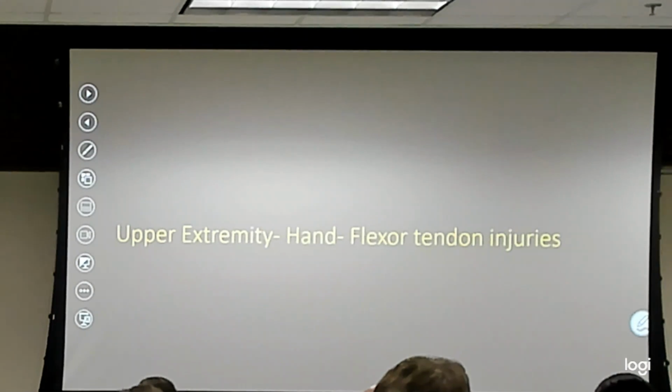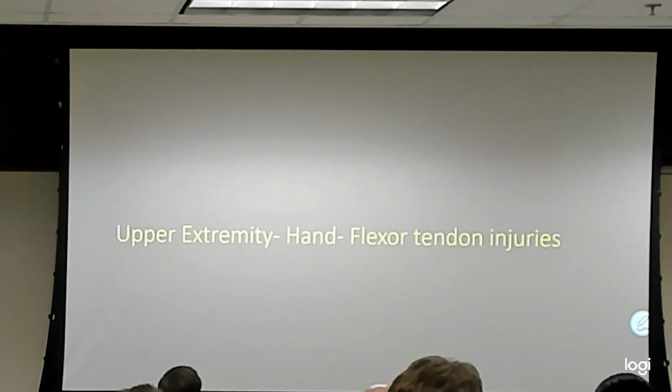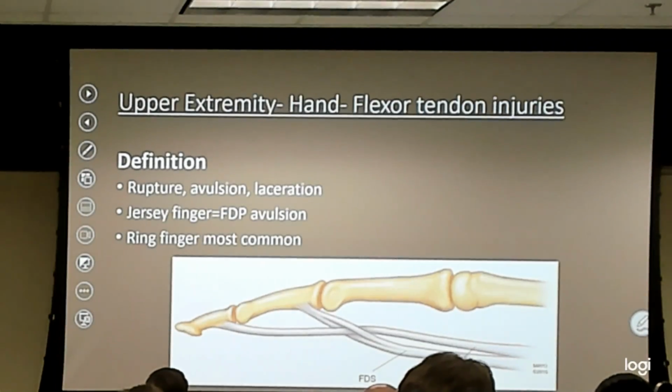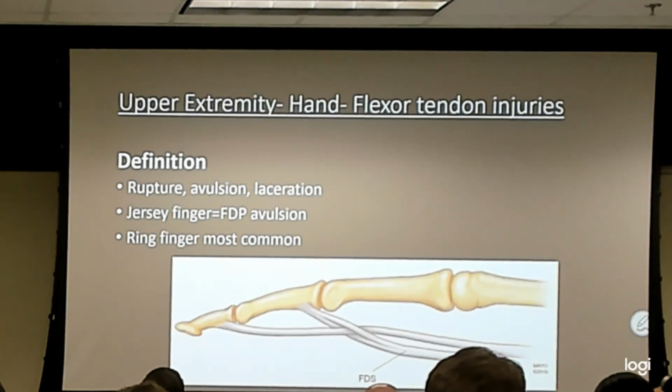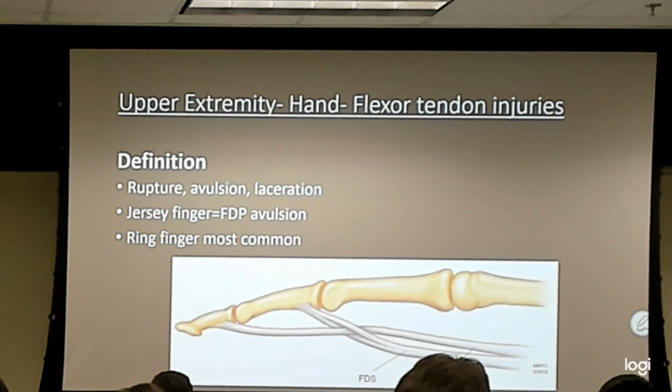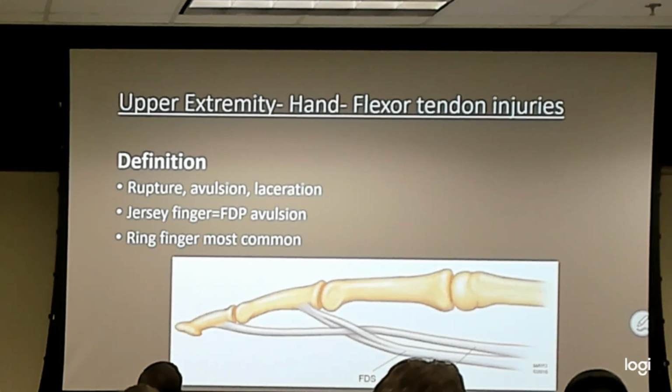Okay. Flexor tendon injuries. As you prepare for the test, I want you to spend some time working through this image and contingency planning what you would and would not be able to move if you lacerated it in various positions along this course.